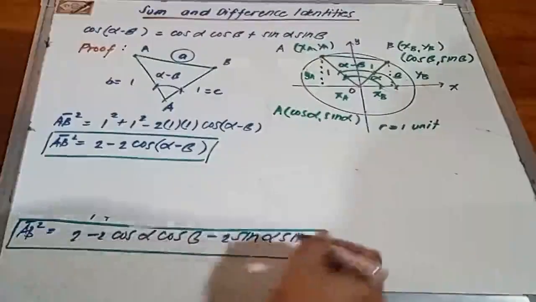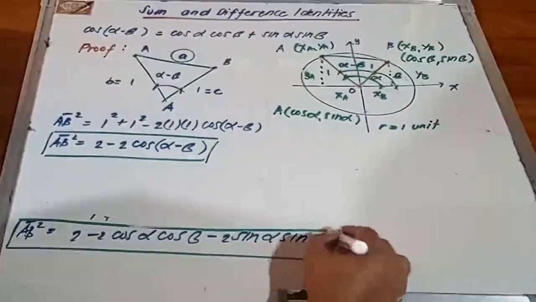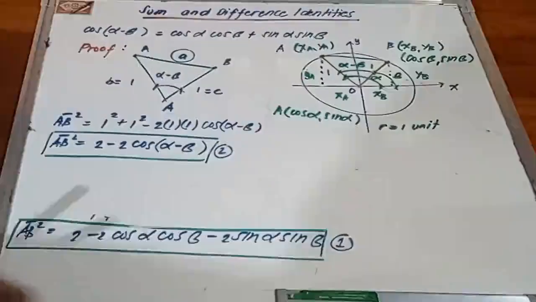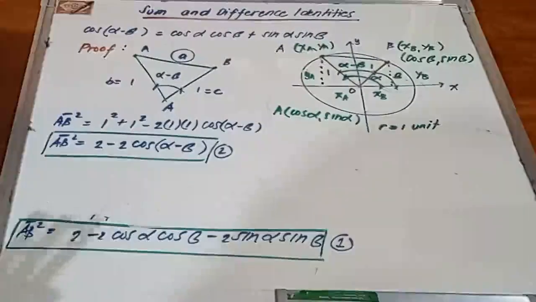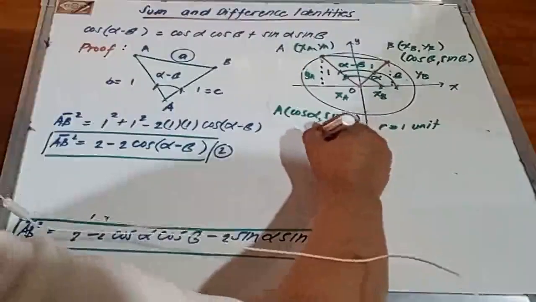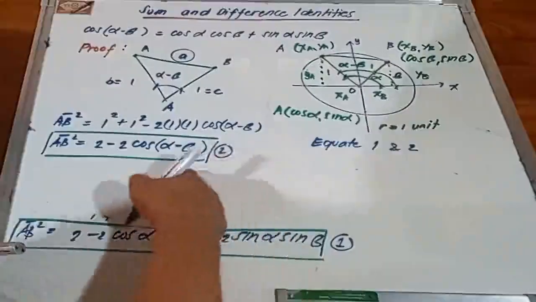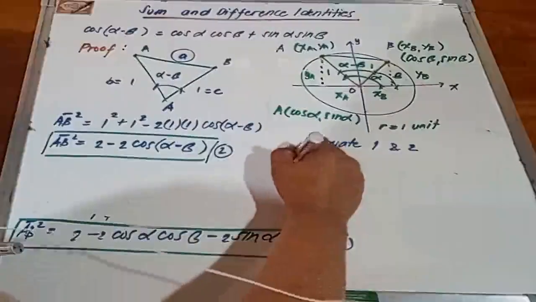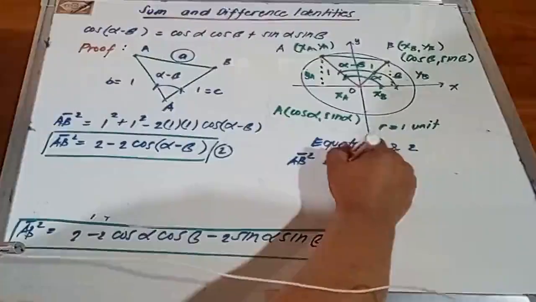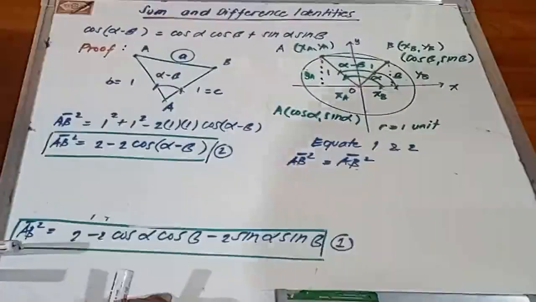Let's say this is your equation 1. This is your equation 2. So, equation 1 equal to equation 2. So, equate 1 and 2. Unahin na natin yung 2. So, ibig sabihin, AB squared here is equal to AB squared dito sa isa.